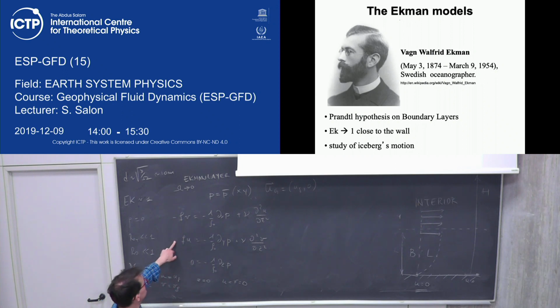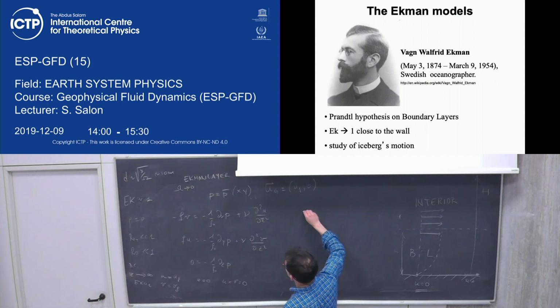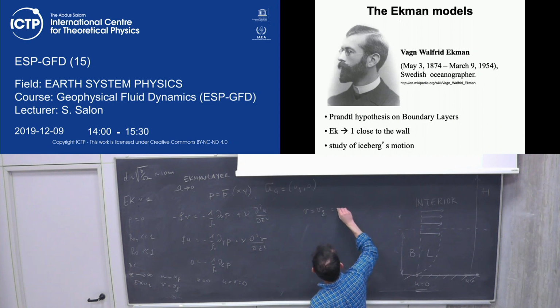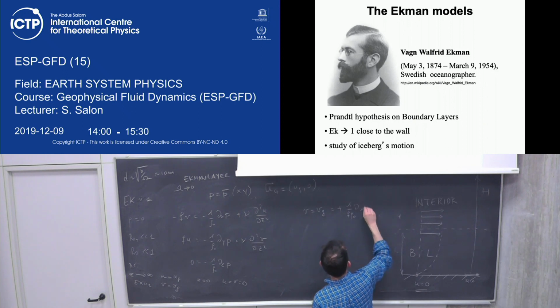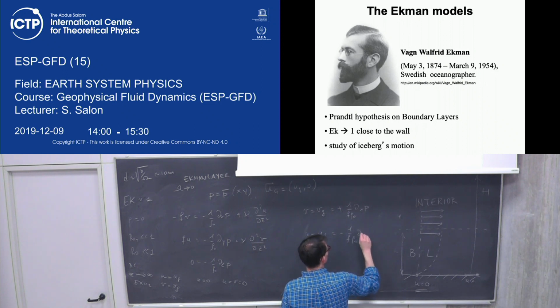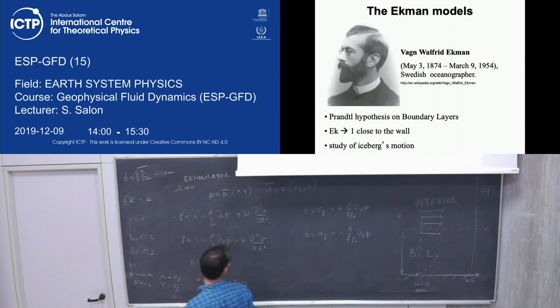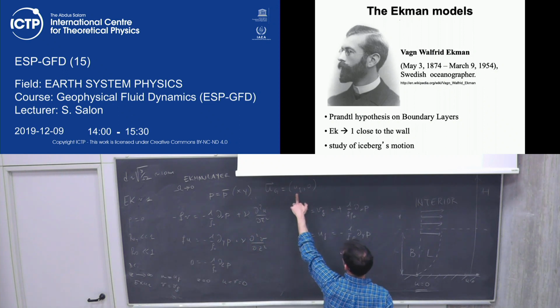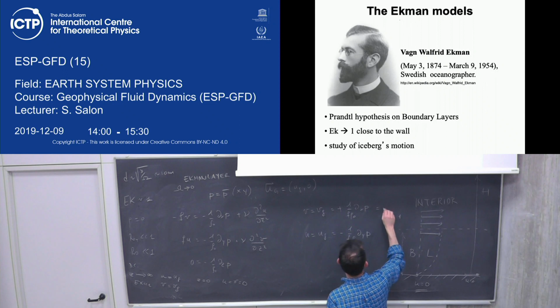If we solve this, as we said before, far from the boundary we will have V equal to Vg, which is minus 1 over rho 0 dxp, and U equal to Ug, which is minus 1 over f rho 0 dyp. But since as a hypothesis we align the geostrophic flow with the x direction, we can say that this is equal to 0.